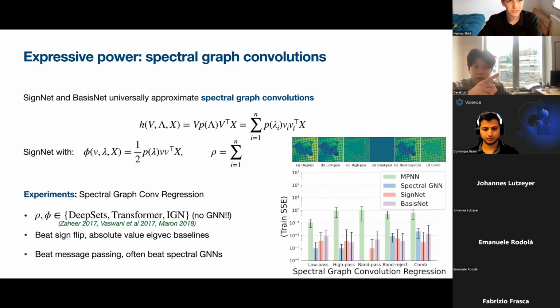But one important thing is this is on the training set. Sorry, I didn't mention that. This is just a test of expressivity. So SignNet in theory is always more expressive than BasisNet because it has fewer invariances. I kind of don't want to say that, but that's true. I just don't want that to be misconstrued. So we probably have to look at the test set to see.